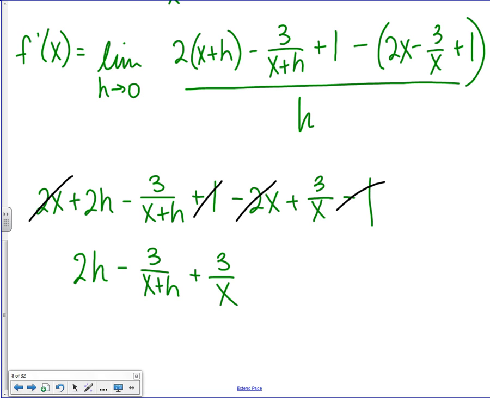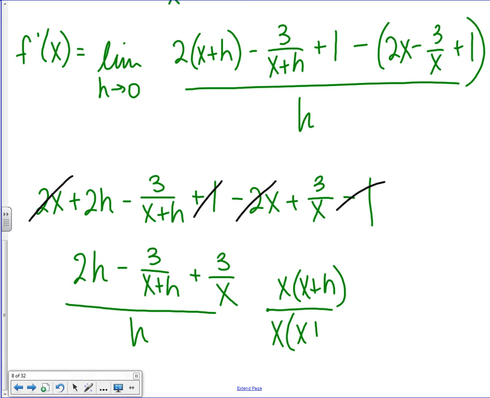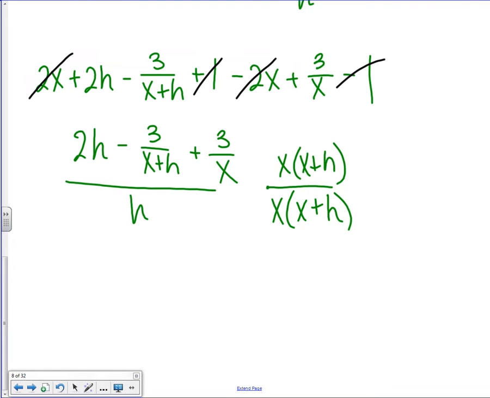Everybody doing okay here, I hope? Remember, this is all over h. So let's get rid of that fraction with a fraction. And let's multiply the top and bottom by x and x plus h. So what does that make my new numerator? Well, the first thing, if I distribute that all the way over here, that's going to be 2h times both of those.